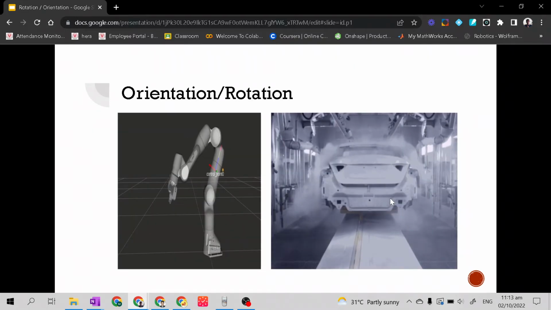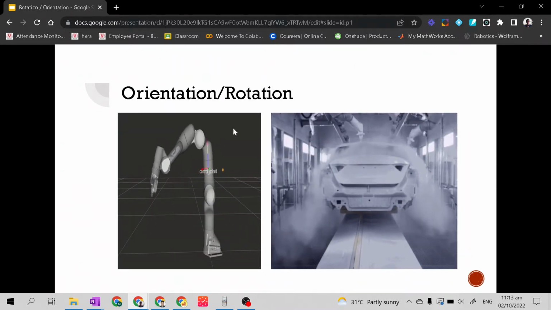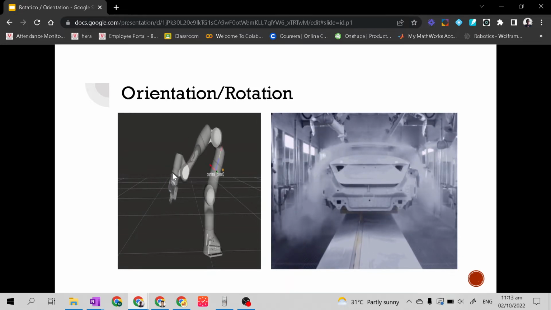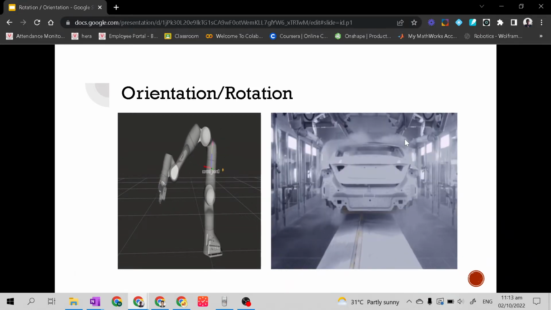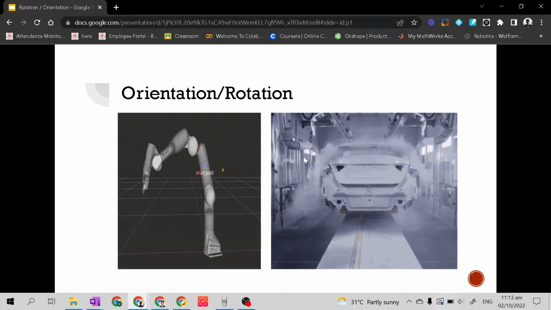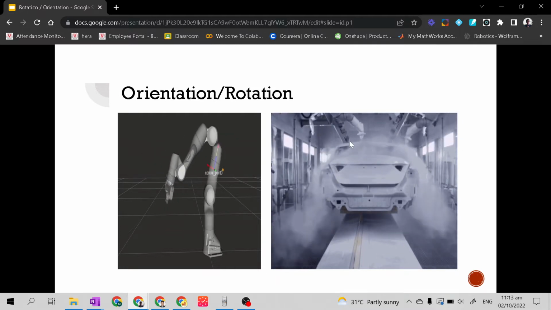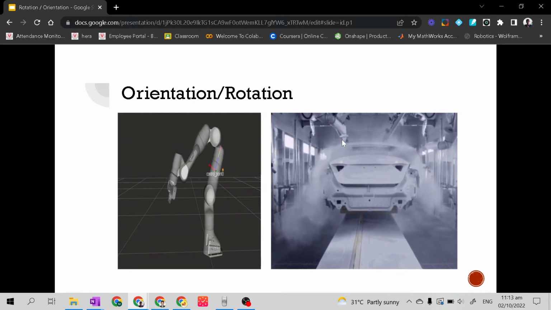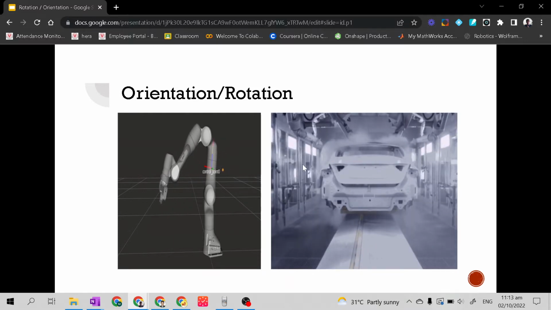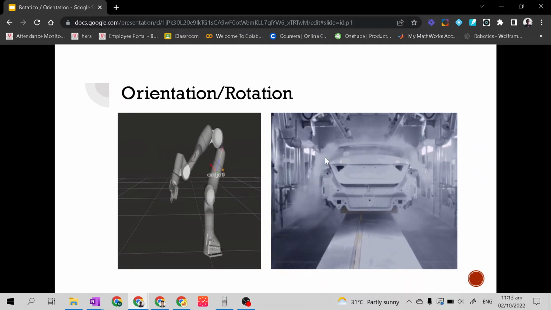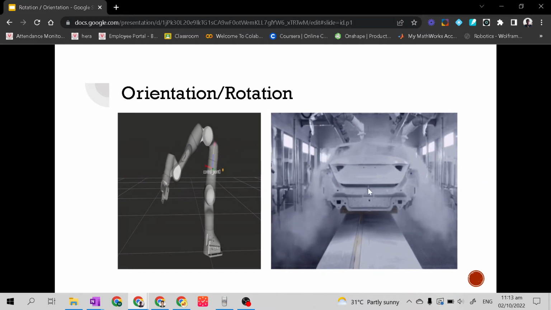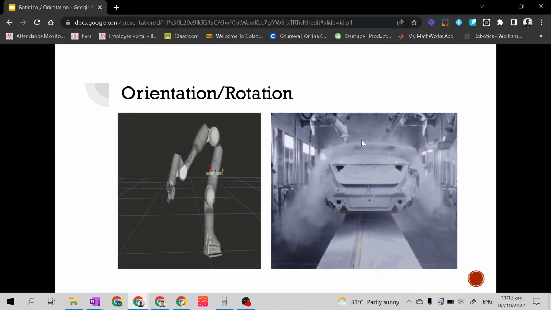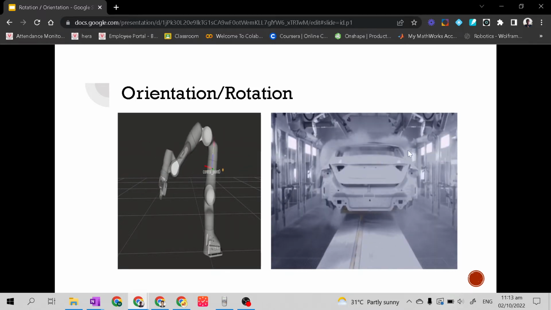The use of orientation or rotation is to move the revolute joints and to orient the movement of our mechanical manipulator, so that it targets its workpiece. For example, these mechanical manipulators are painting this car.